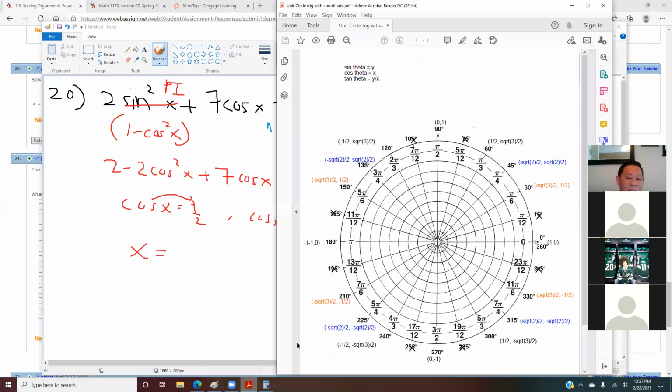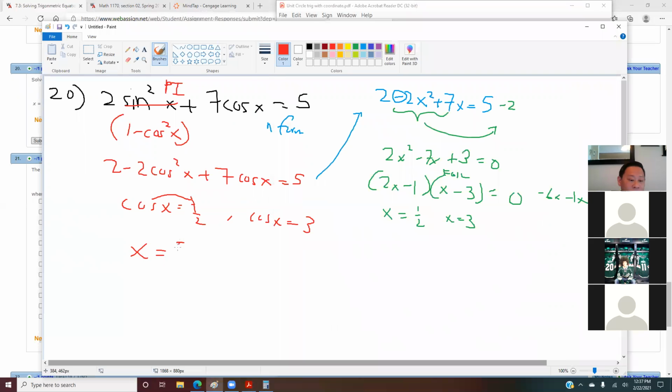So can someone tell me what arc cosine of 1/2 is using the unit circle? Pi over 3 and 5 pi over 3. Yep. So it's pi over 3, and don't forget we want n form, so it's plus 2n pi, and 5 pi over 3 plus 2n pi.